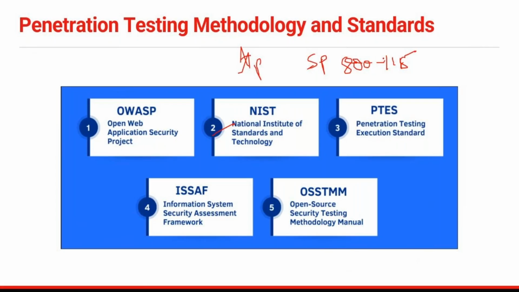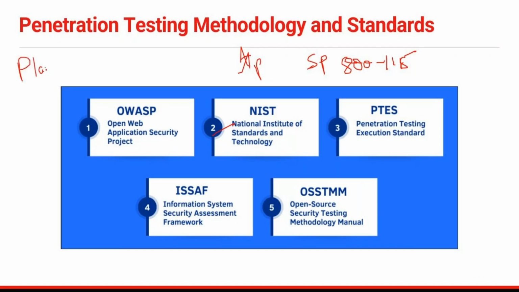It is a technical guide to information security testing and assessment. It provides organizations with a structured approach to conducting security assessments, finding vulnerabilities, and mitigating the risk. It gives you security testing techniques like pen testing, vulnerability assessment, methodology, risk analysis. The number of phases in NIST is four only.